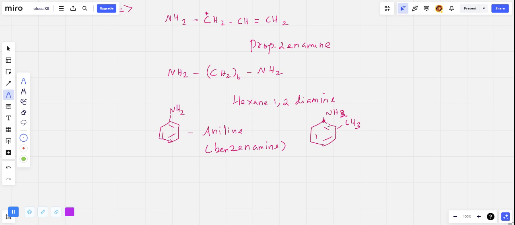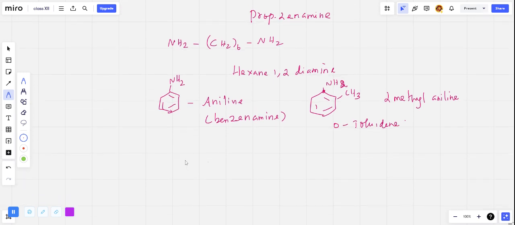So you can write this as 2-methyl aniline, or in the common name, ortho-toluidine. This is how we name aryl amines also.